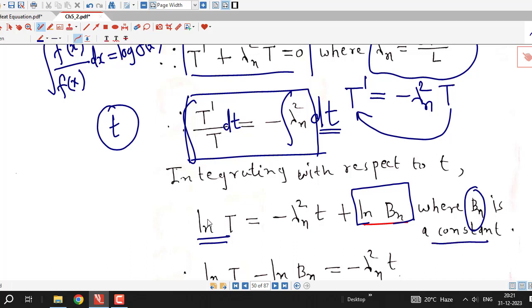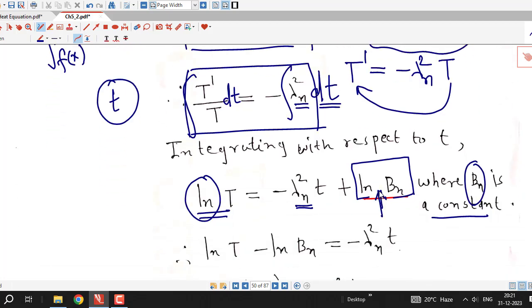Because I am having a logarithm here, I am writing my arbitrary constant as logarithm of b suffix n, because we will have infinitely many solutions for different values of n here. Therefore, we have written the constant as logarithm of b suffix n.